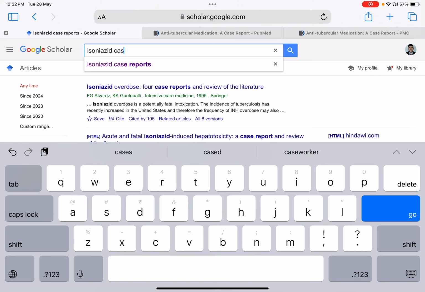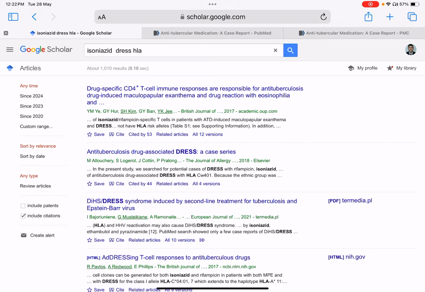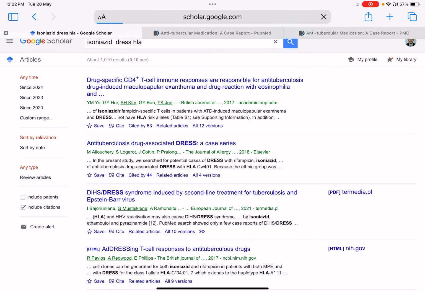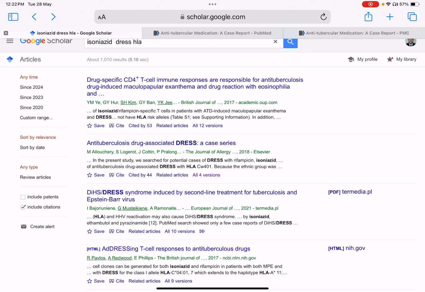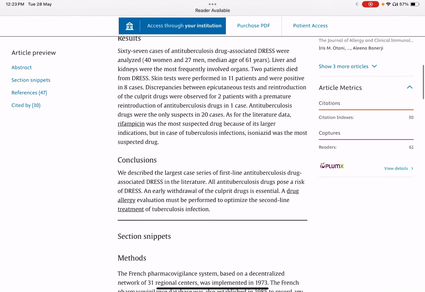Isoniazid causing DRESS syndrome, HLA. So see, antitubercular drug associated with HLA Cw04. So this case series is telling something unique. So we need to look into it.